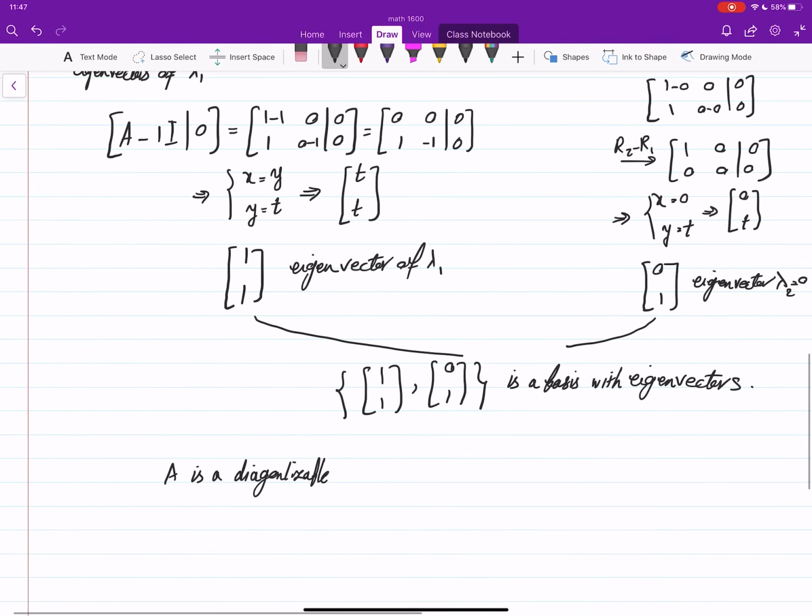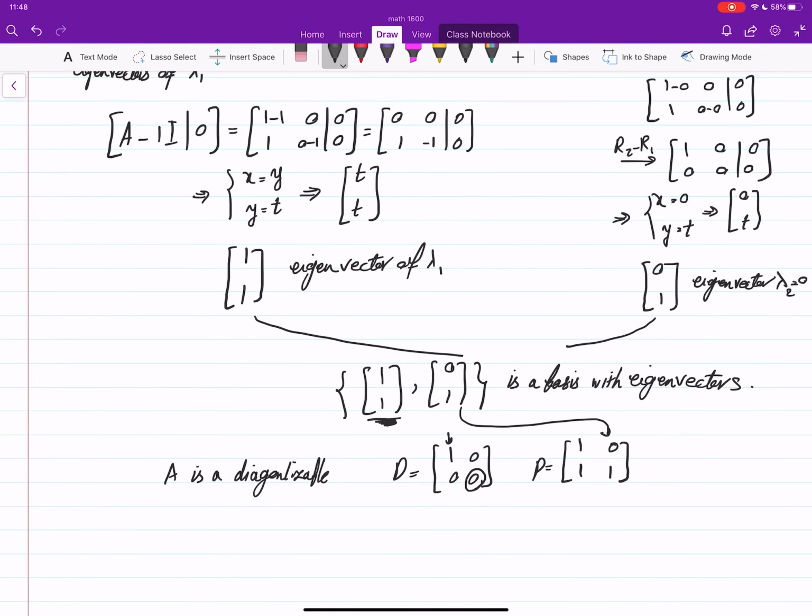And A being diagonalizable, what is D? D we already know. Put the eigenvalues on the main diagonal, everything else is 0. And the invertible matrix: for lambda 1, you use the eigenvector corresponding to that and put it in the first column. The second eigenvalue is 0, so I put it in the second place, and use the eigenvector of that and put it in the second column.